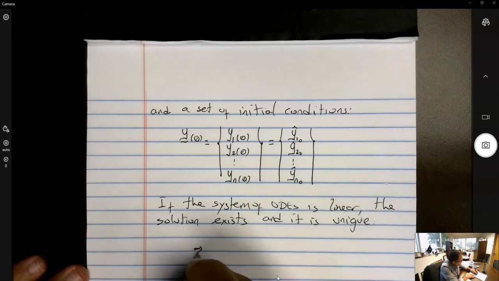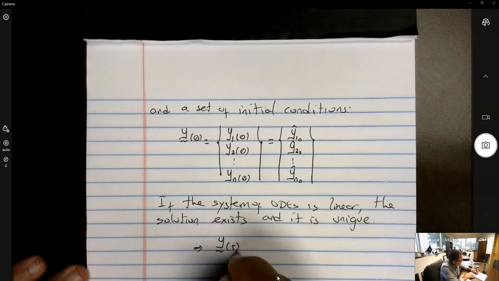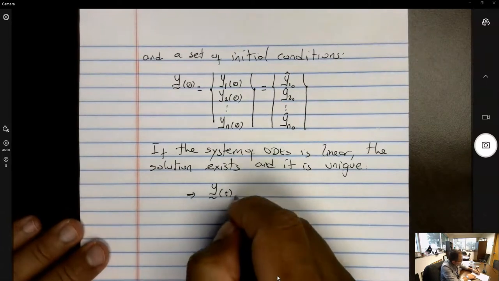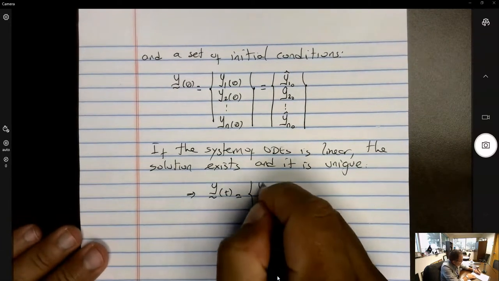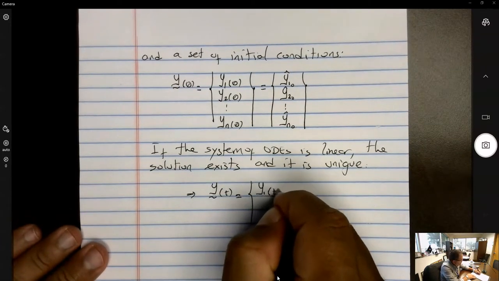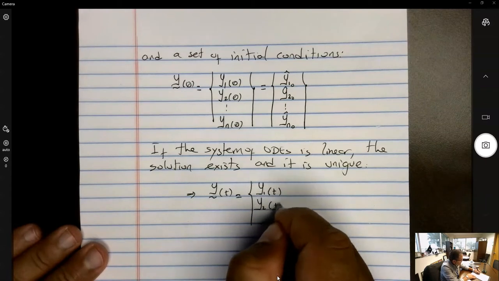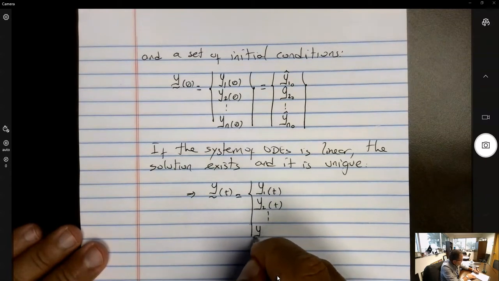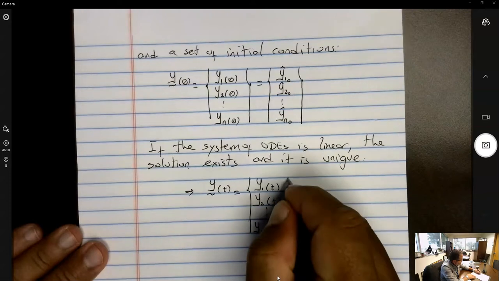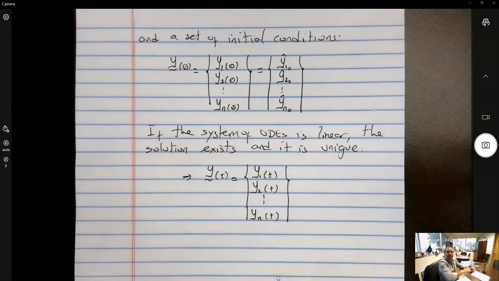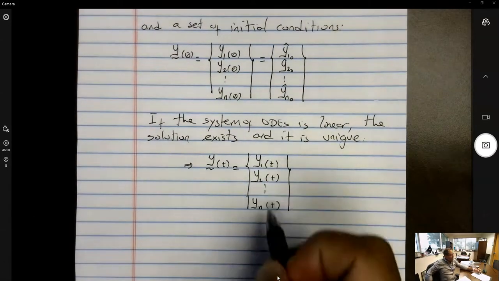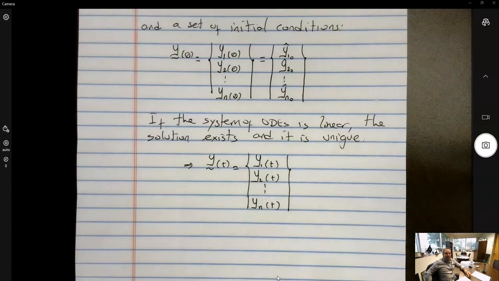That is, there is a vector of solutions, y of t, that contains a single and unique y1, a single and unique y2, and a single and unique, all the way to yn. So that vector exists, and it contains n unique functions, different from each other, plausibly, and in general sense.